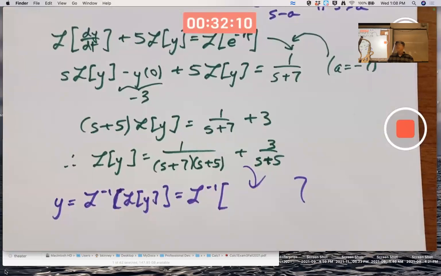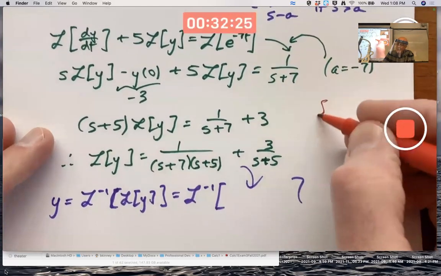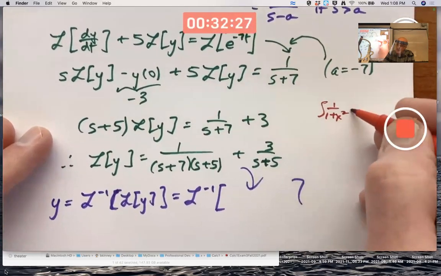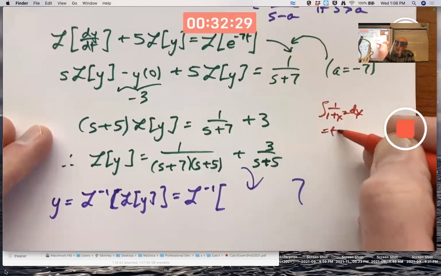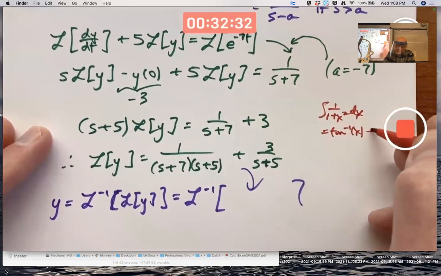Does L inverse have a formula? No, it doesn't actually. It's kind of analogous to the relationship between derivatives and antiderivatives. Every antiderivative fact comes from a derivative fact. For example, the integral of 1 over 1 plus x squared is inverse tangent of x plus c. What's the reason?